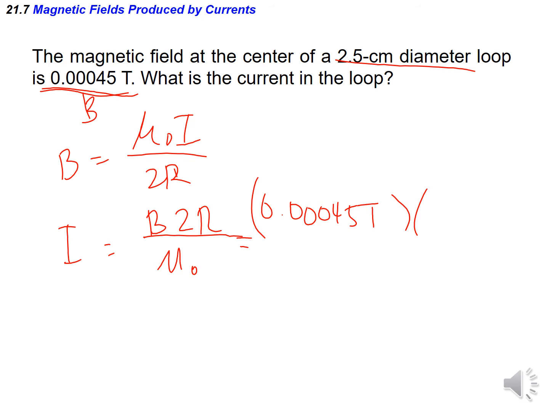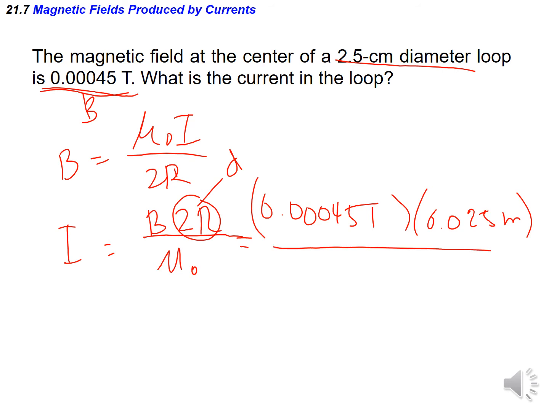So 2R, where R is the radius, 2 multiplied by the radius is the diameter. So this 2R can be replaced by diameter, and diameter is given. That's 2.5 centimeters or 0.025 meter. So in this equation, guys, don't forget to convert your units. If the given unit is centimeters, you need to convert that to meters, because Tesla is in the SI system or MKS system.